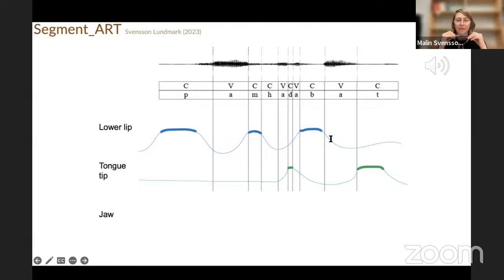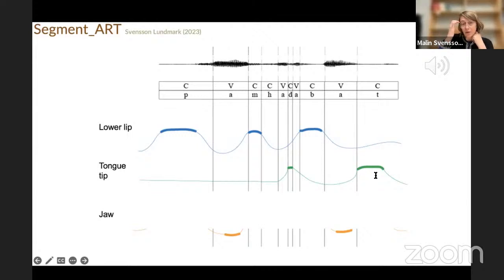Pam had a bat. So I can feel that it's touching the pen during Pam and during bat. So then you can draw these low postures for Pam and bat.